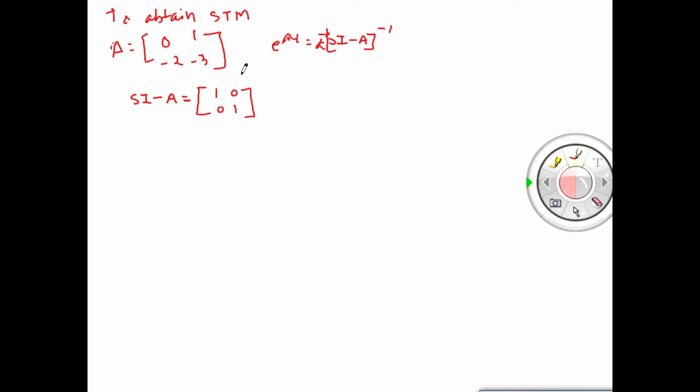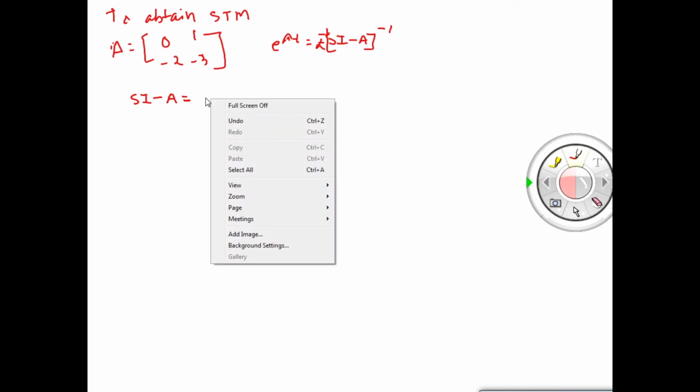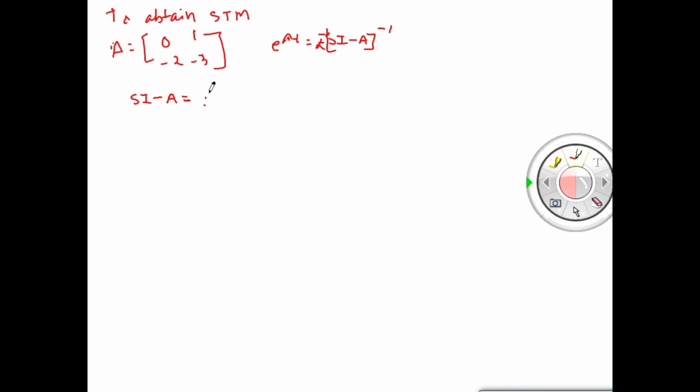So for sI minus A, I will write s times the identity matrix, minus A. The A matrix is nothing but [0 1; -2 -3].